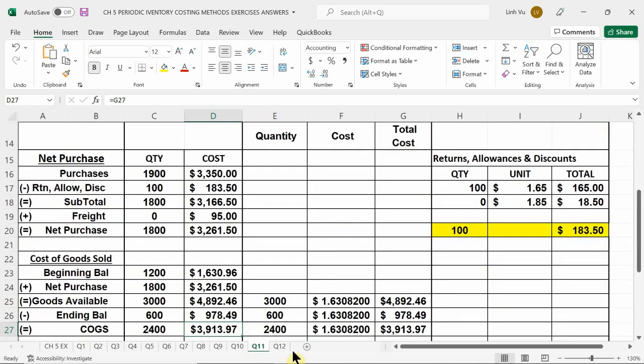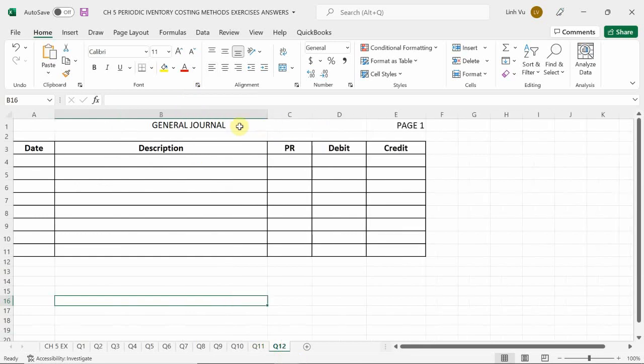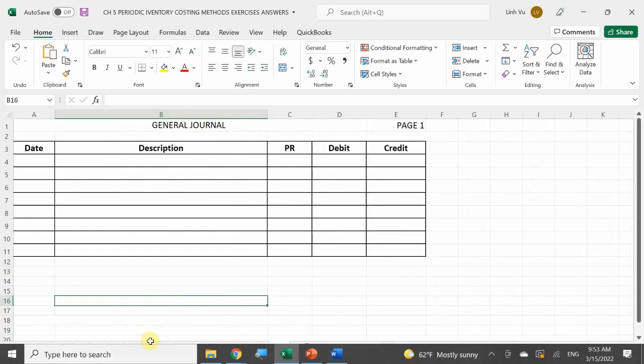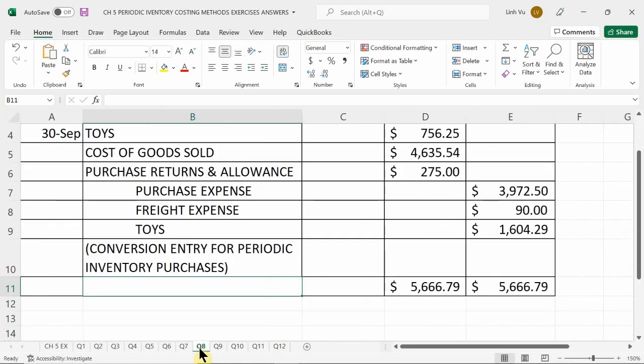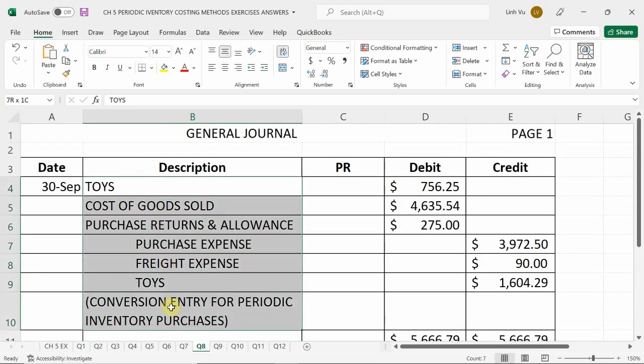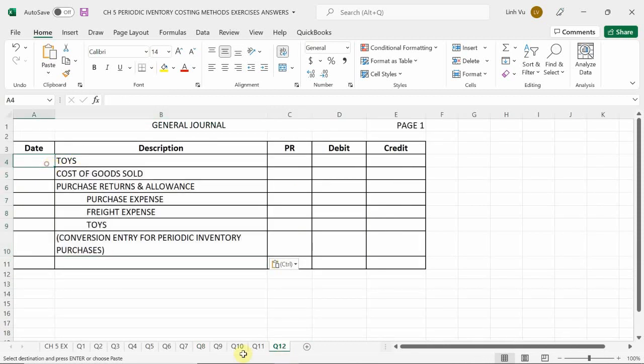Right? So let's go ahead and answer the very last section here, which is going to be completing our conversion entry. So I'm just going to copy and paste from a previous question here. And this is for November 30th.